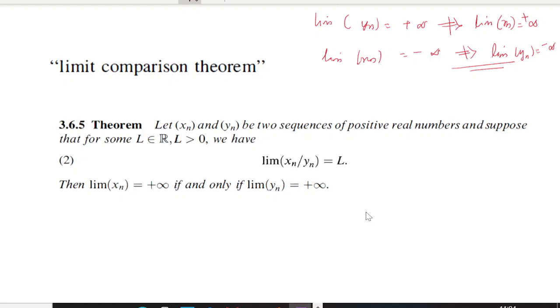I will mark this as star, and let us see how we can prove it.